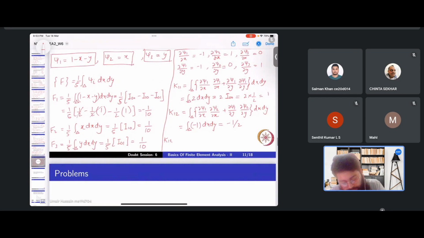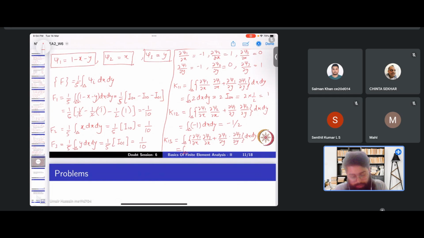So next is K13: dou psi 1 by dou x times dou psi 3 by dou x plus dou psi 1 by dou y times dou psi 3 by dou y, dx dy.